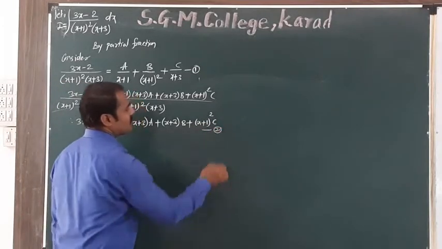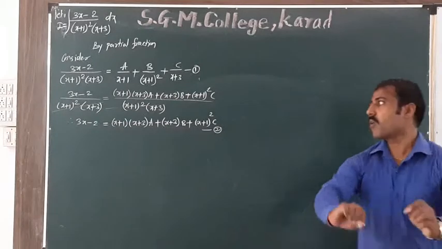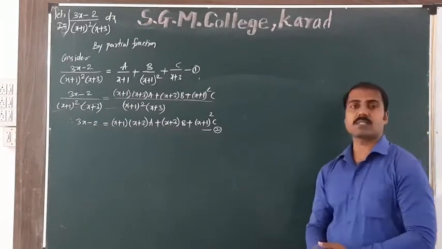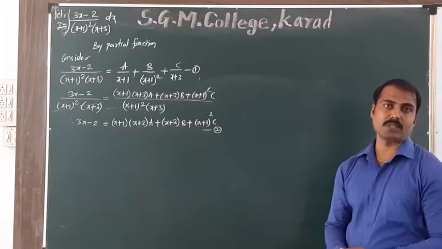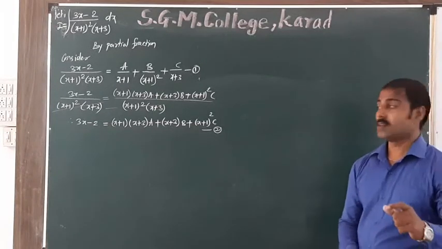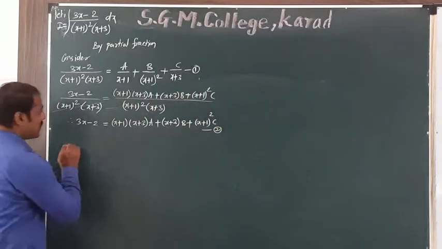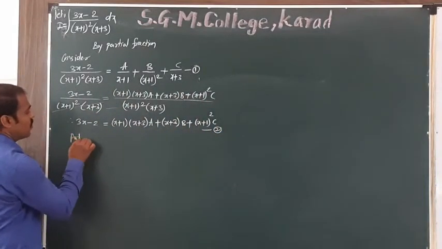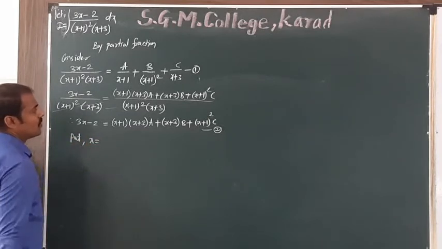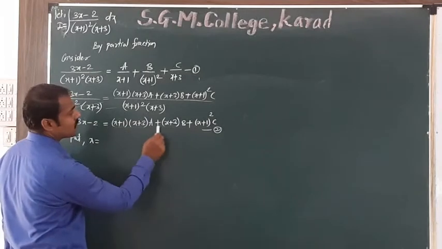It's our equation number two, and equation two is true for all values of x, for all real numbers, but we put proper values of x to get a, b, c. Put x equal to... check here, the common factors are x plus 1 and x plus 1.